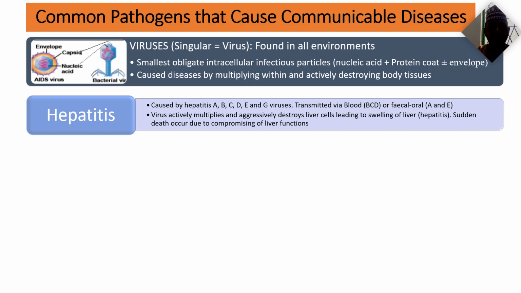So hepatitis technically means inflammation of the liver. So hepatitis is generally an infection of the liver that is commonly caused by 5 different viruses, which include hepatitis A virus, hepatitis B virus, C, D, E, and G viruses.